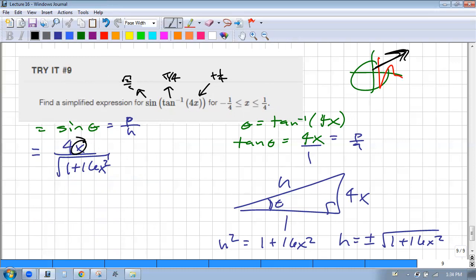If this is negative, then tangent is negative, and tangent is negative down there, and sine should be negative down there. So that's how you know this guy has the sine built into it.